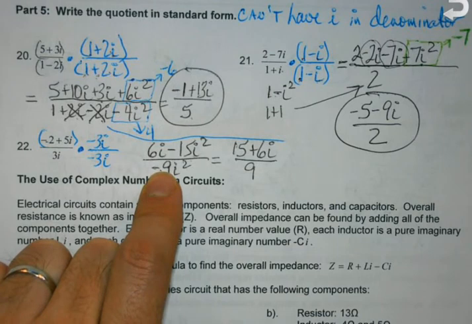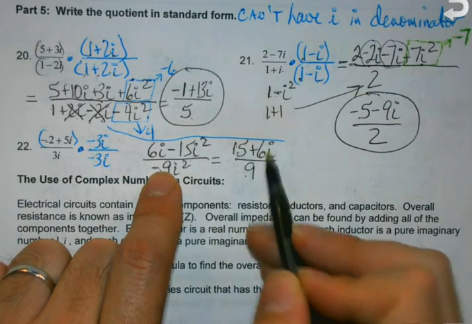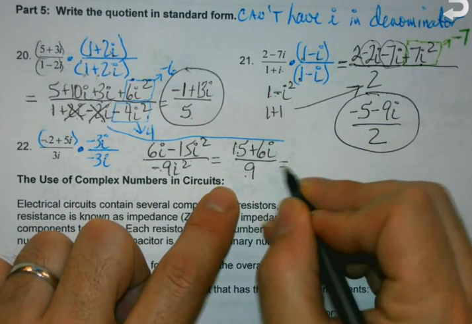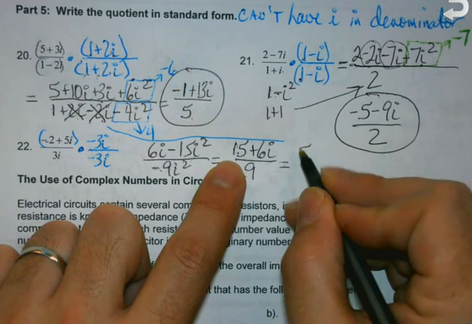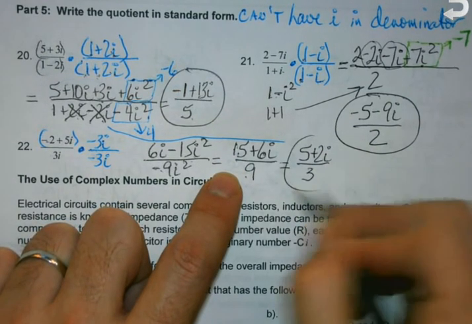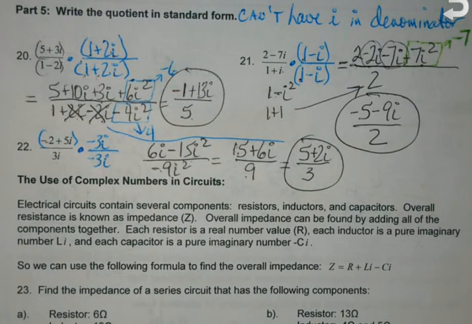Here's a new twist. Is there anything that divides into all three of those? 3 does. If you can reduce the fraction by dividing through by 3 in this case, you have to do that. It's not like factoring in that I'm going to put the 3 out front. This is more like reducing a regular fraction, like 3 over 9 to 1/3.